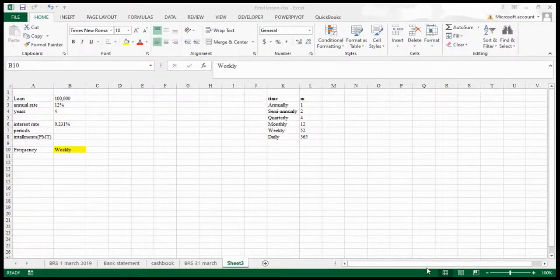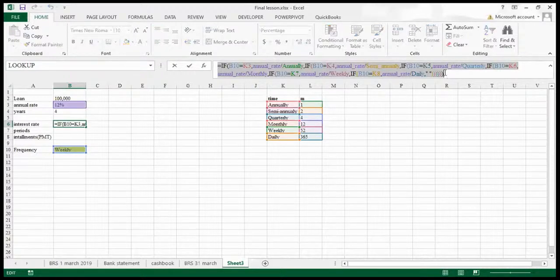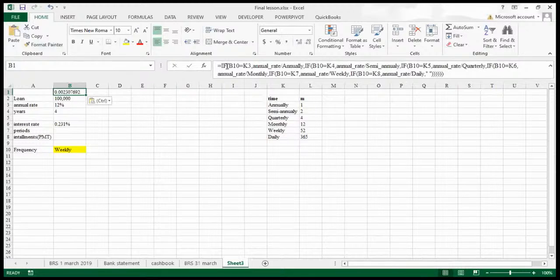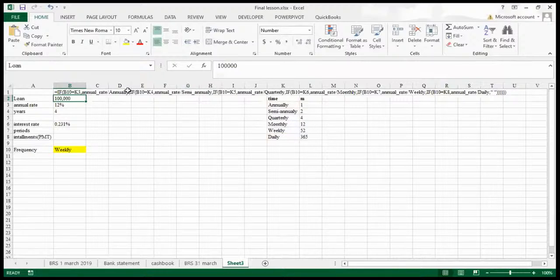So the formula is, let me display it here so that you see it clearly indicated there.